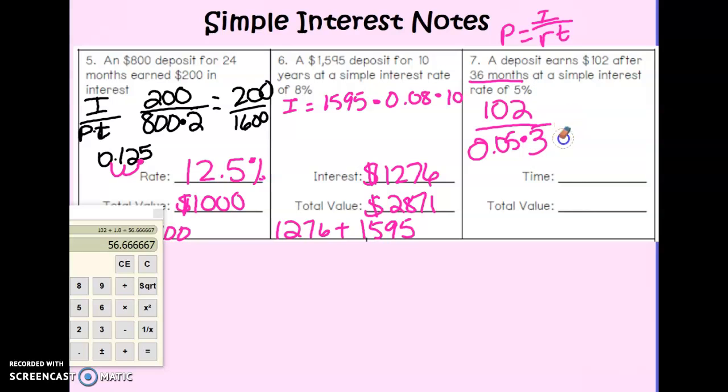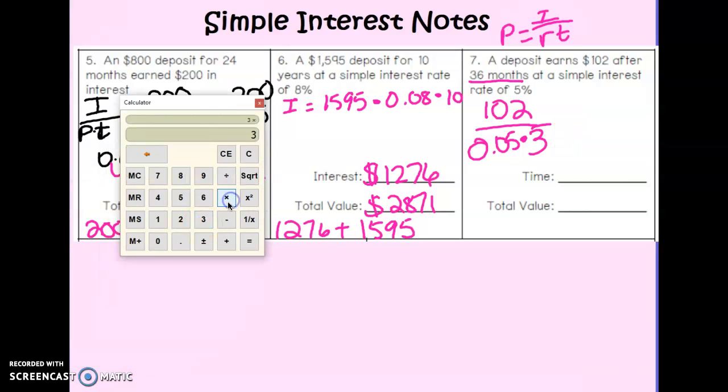Now I'm going to multiply first. So 3 times 0.05 gives me 0.15, and then I'm dividing 102 by that. 102 divided by 0.15 gives me 680.